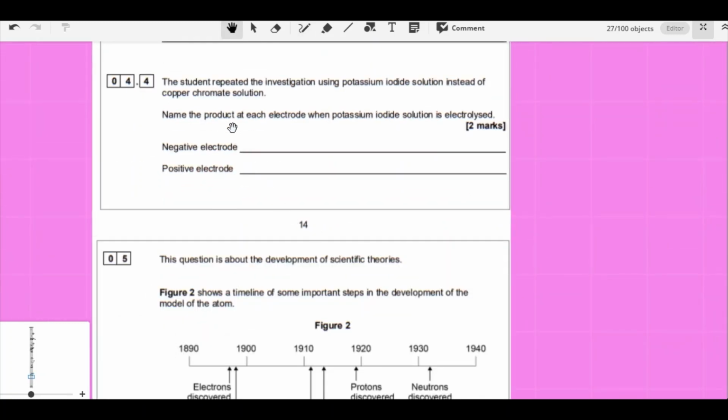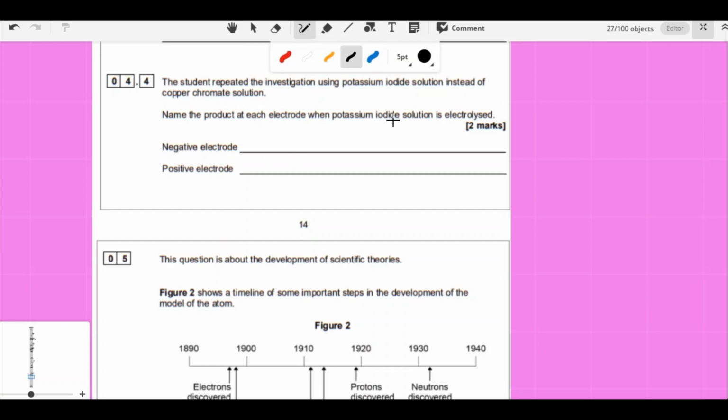Okay, now the next question. The student repeated the investigation using potassium iodide solution instead of copper chromate. Name the product at each electrode when the potassium iodide solution is electrolyzed. Negative ions will move towards the positive electrode.